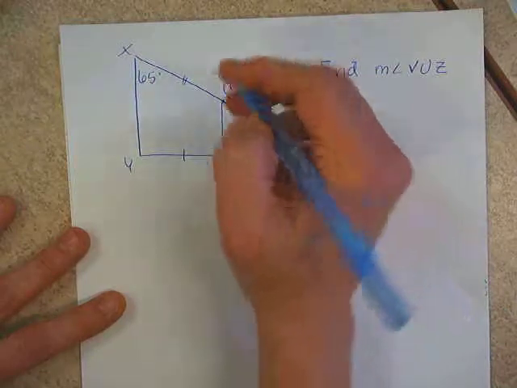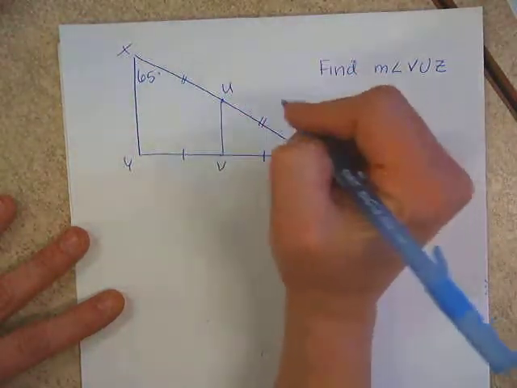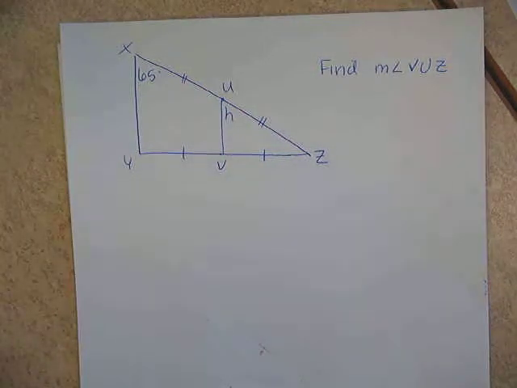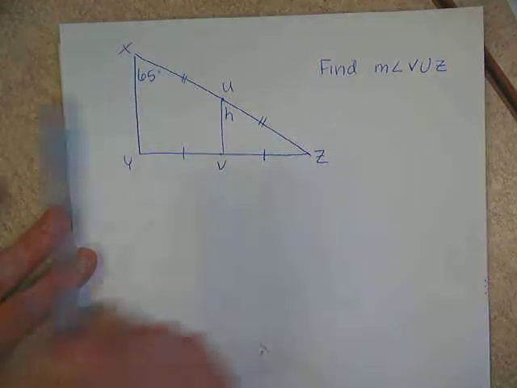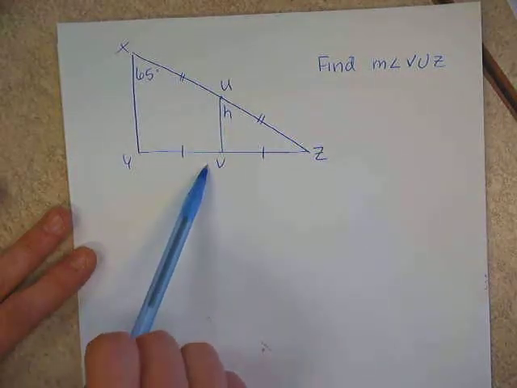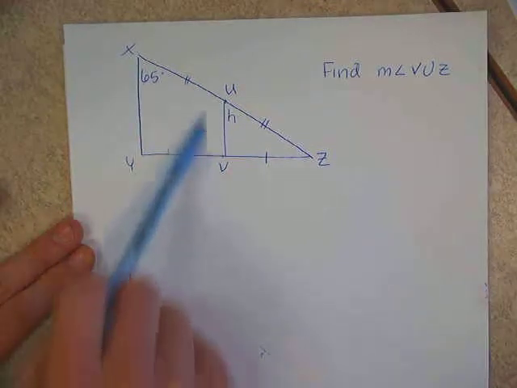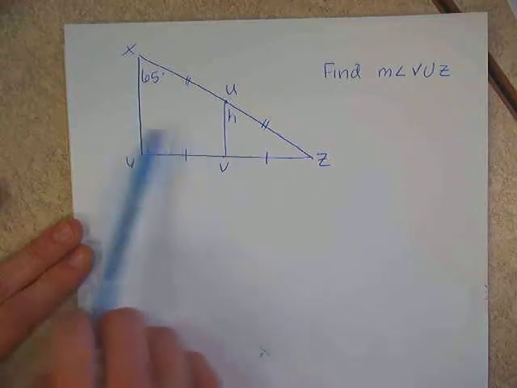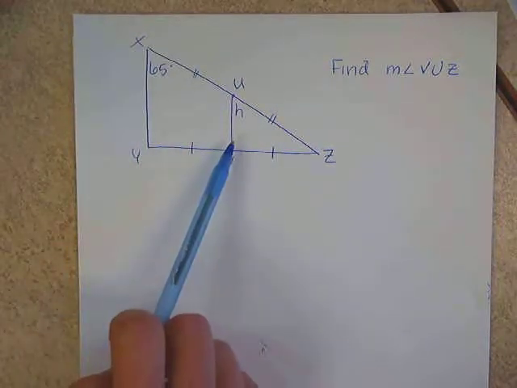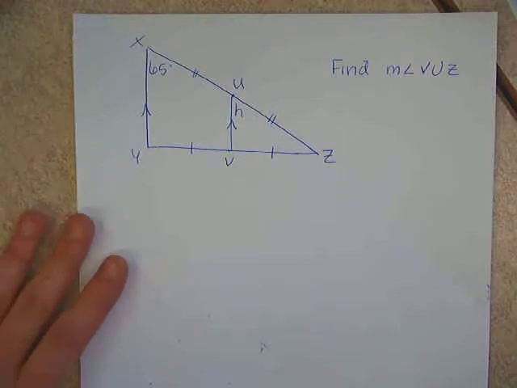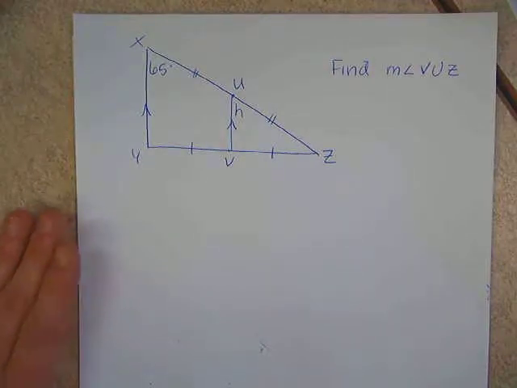So we're going to find the measure of angle VUZ. If you want, you could go over here and assign a variable, let's call this H, since we've already used X. What you should be noticing is that these are congruent and those are congruent, which make U and V midpoints, which makes UV a midsegment.